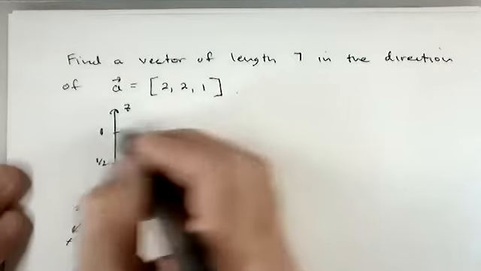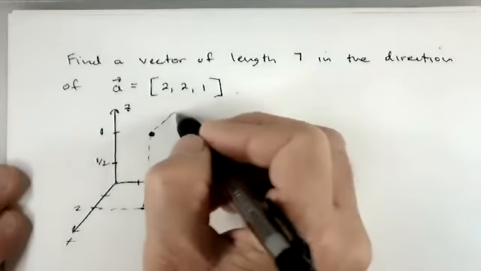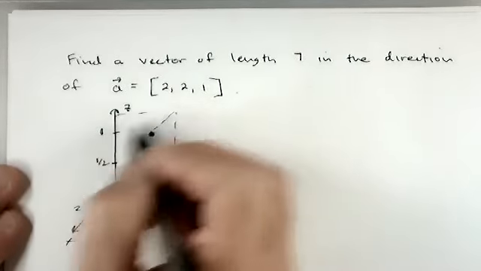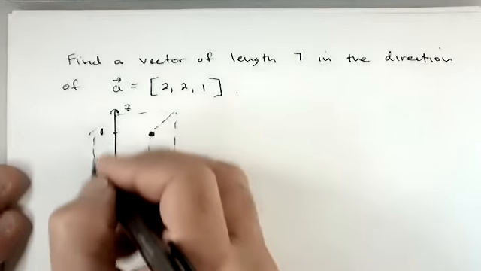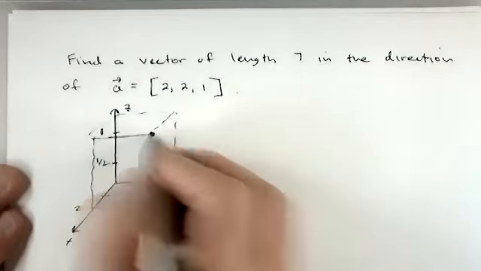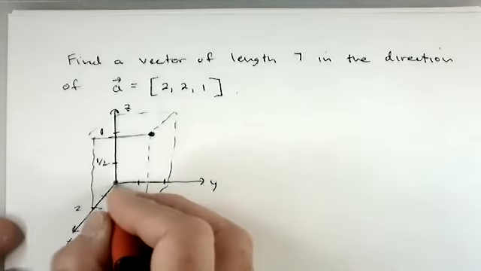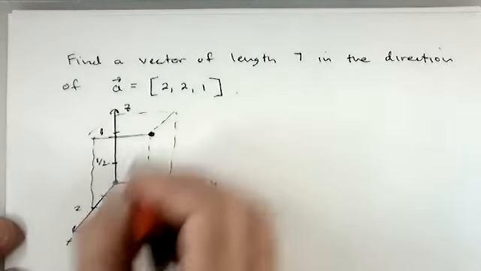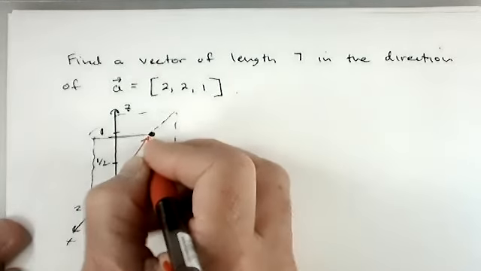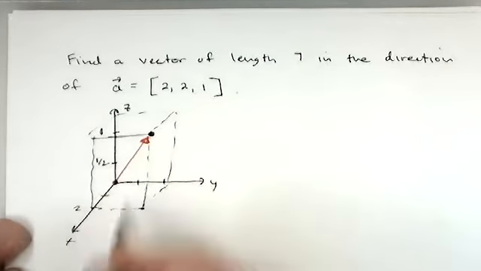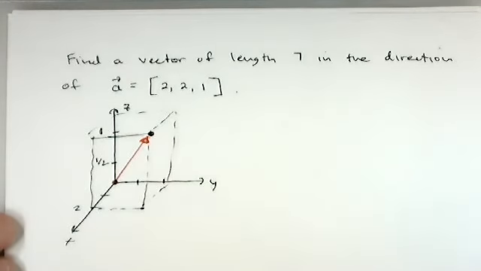I remember when we were graphing in 3D before, I made a little box around this, so you could certainly do that. Good enough. Okay. But the vector 2, 2, 1 would be a vector that starts at the origin here and goes straight to this point 2, 2, 1. So it's a 3-dimensional vector coming out. It has an x component, a y component, and a z component. Okay.